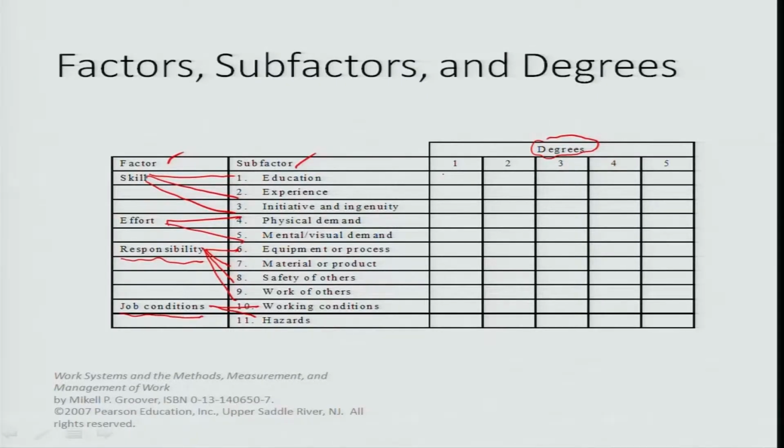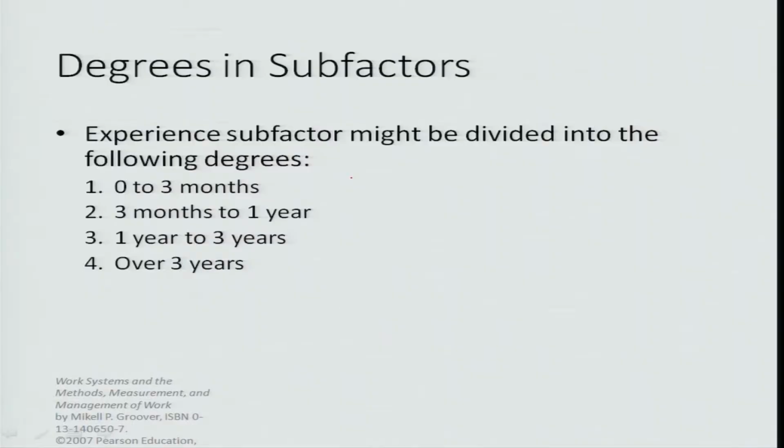For example, if I wanted to take experience as a subfactor, I would associate experience with the following 4 degrees: 0 to 3 months experience in one category, 3 months to 1 year in another category, 1 to 3 years in a third category, and over 3 years in a 4th category. So these are the different degrees now, right?